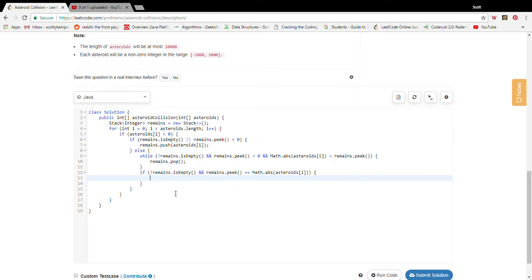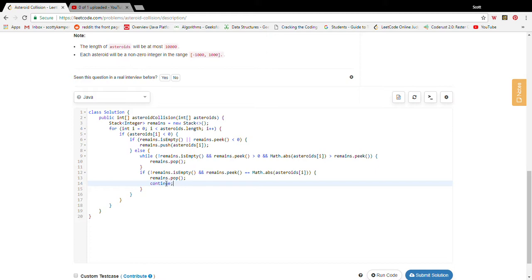So if we get down here and we have encountered an asteroid which is equal to us, then what does that mean? Well, when it's equal, they both explode. Okay? So they both explode, which means we will just pop and continue.